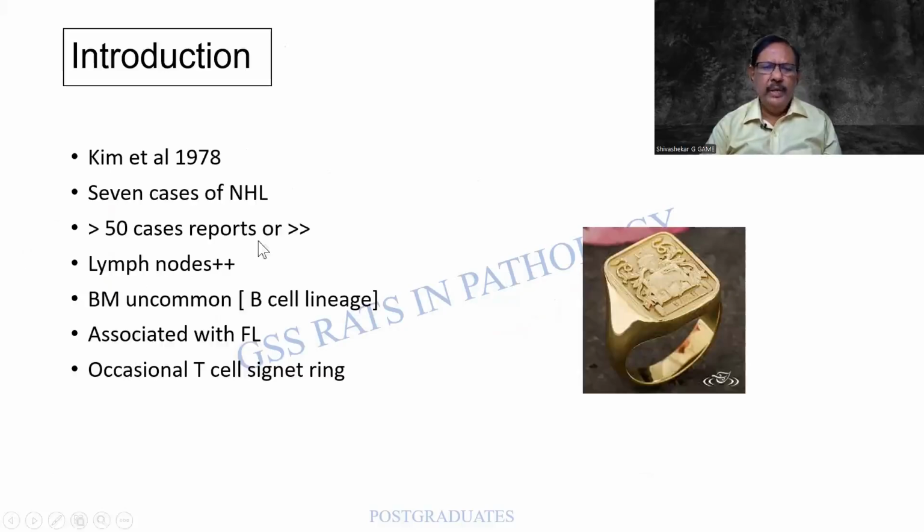The lymph nodes are strongly positive for this lymphoma, unlike elsewhere. Bone marrow involvement is very uncommon. It can be associated with a follicular lymphoma, and very occasionally there can be a T cell signet ring cell lymphoma. Again, the signet ring wherein I am finding the emblem and the hollow.